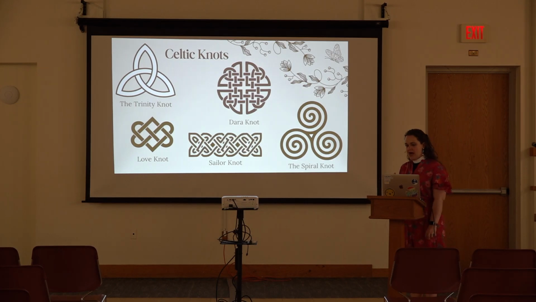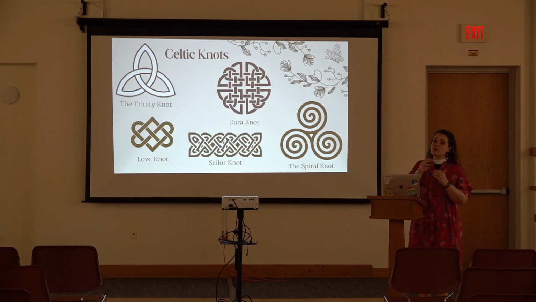The Trinity knot, which did not originally refer to the Trinity in Christian theology, though that is often how we understand it today. It has 3 loops, and before gaining its association with the Holy Trinity of Christian tradition, people would talk about some of the other 3s that we experience in nature.